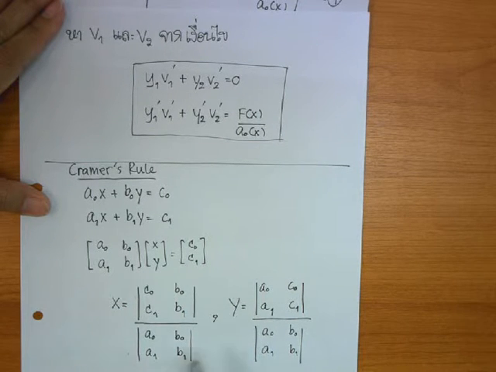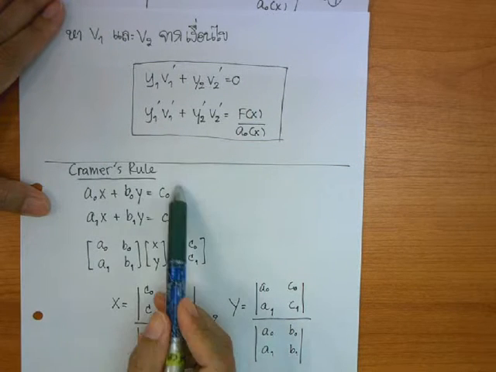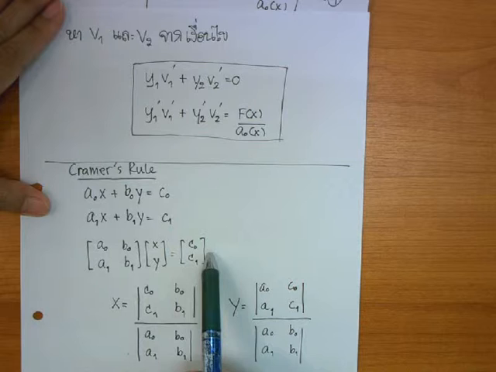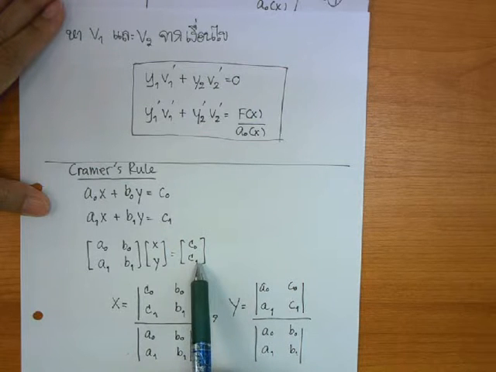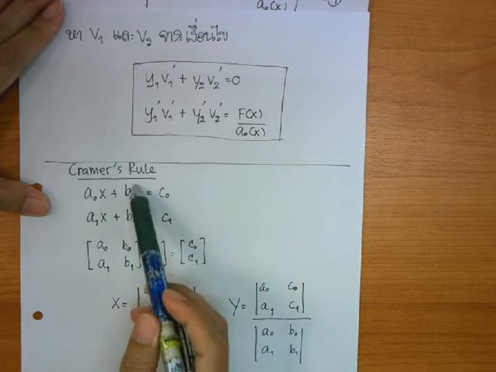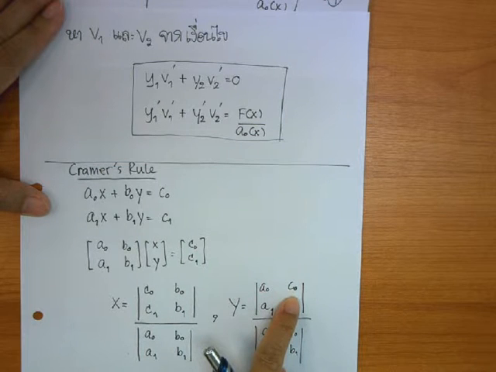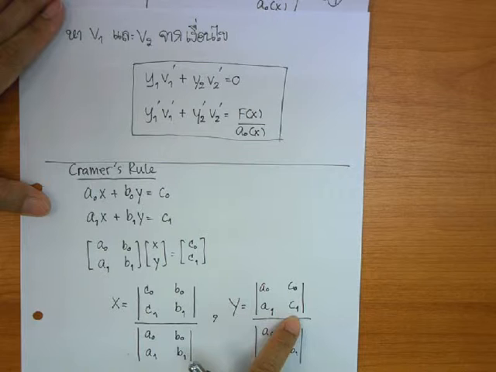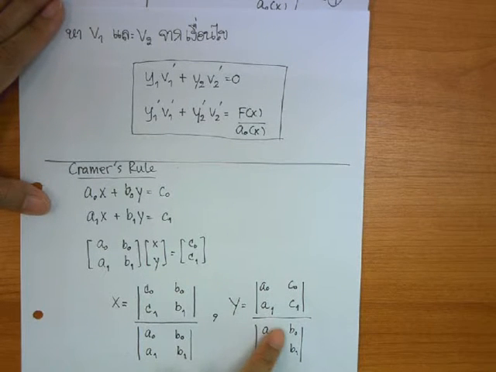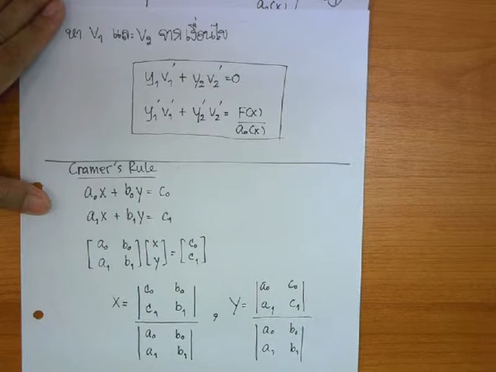If you want to find y, you put the constants c0 and c1 in place of the coefficients of y. You find the determinant of it, dividing by the determinant of the coefficients of x and y.